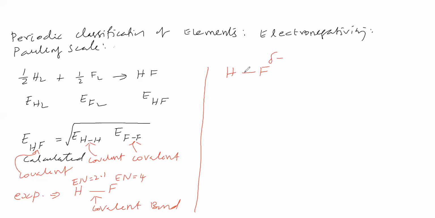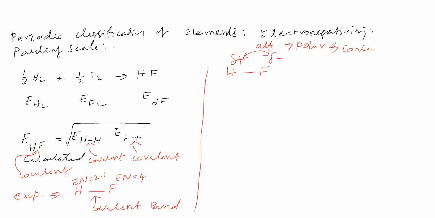Hydrogen takes less share, so it is partial positive. Due to this, plus-minus attraction is possible. This leads to polarity. Therefore, ionic nature is there. This bond contains ionic nature, which means this bond is polar.